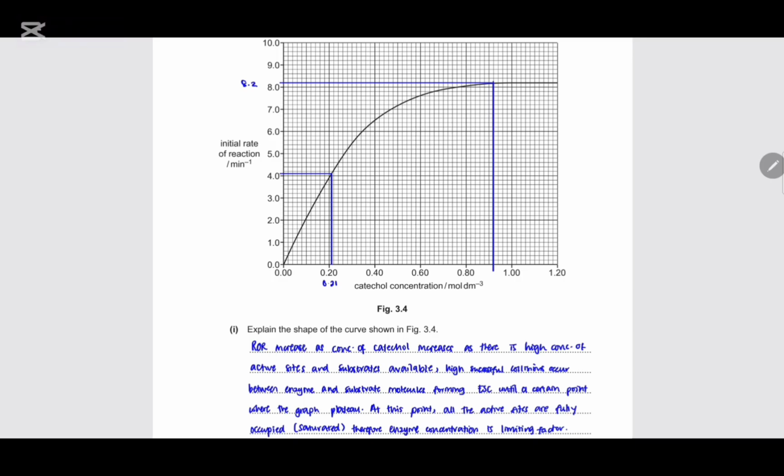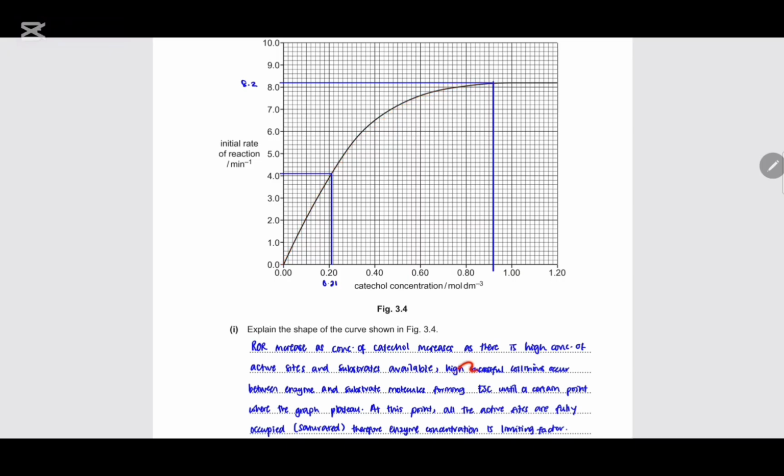If you read here, the rate of reaction increases as the concentration of catechol increases because there is a high concentration of active sites and substrate available. Now this part of the explanation is to explain what currently is happening here. So please take note. It's showing us what's happening at this increasing part of the graph. That's what my explanation is for. So that's the first bit.